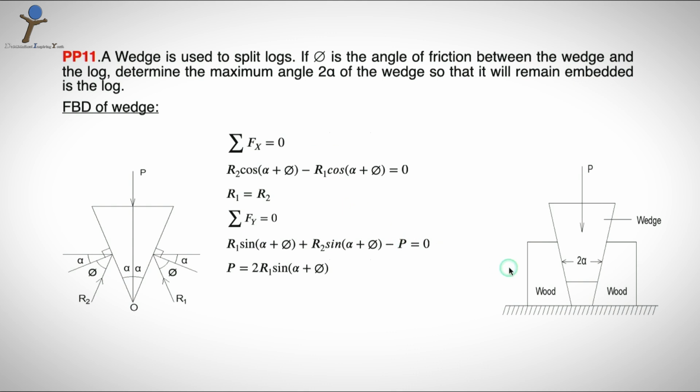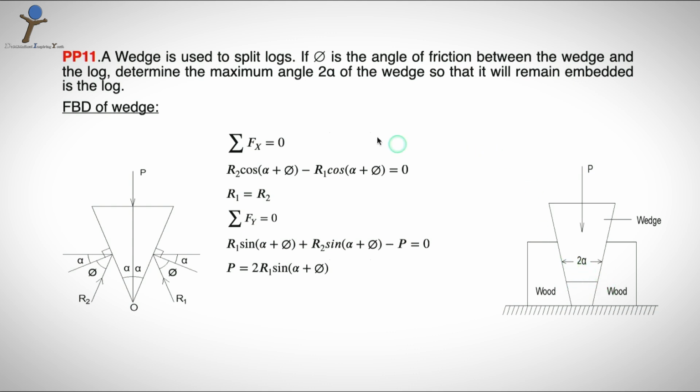So it says that there is a wooden log and that wooden log has to be split into 2 parts using a wedge. A wedge is usually a tapered component with an included angle of 2 alpha, and an applied force P acting vertically downwards on the wedge splits the wood into 2 parts.